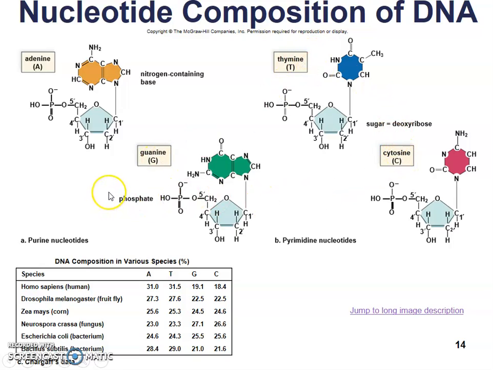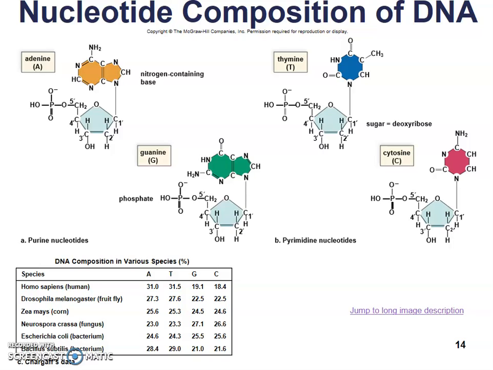Now, the amount of each one varies from species to species. In humans, roughly 31% is adenine and roughly 31% is thymine. There's a little bit more thymine because in the processing of RNA, it'll add thymine at the end to protect it, which we'll talk about later on this year.